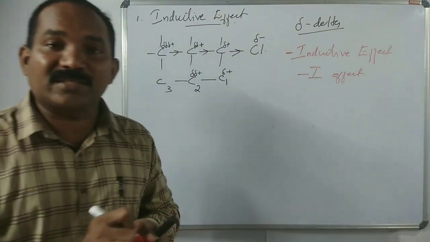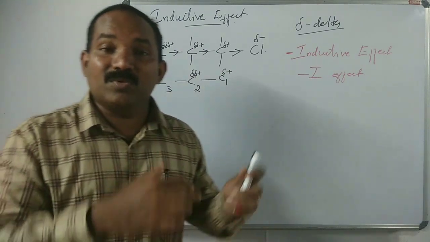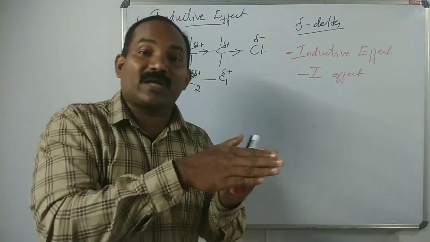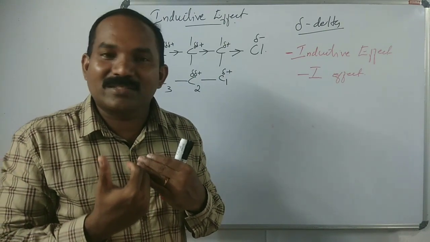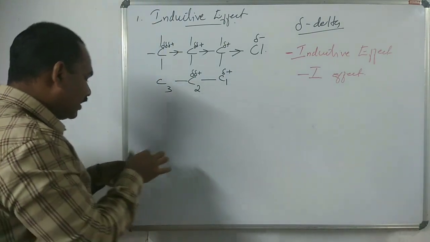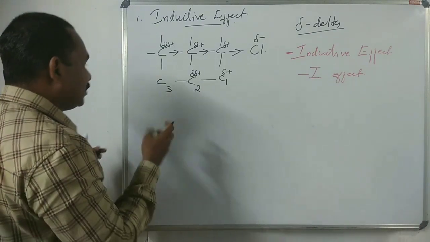So what is minus I effect? If the atom or group of atoms attached to the carbon chain withdraws the electron, it is called minus I effect.